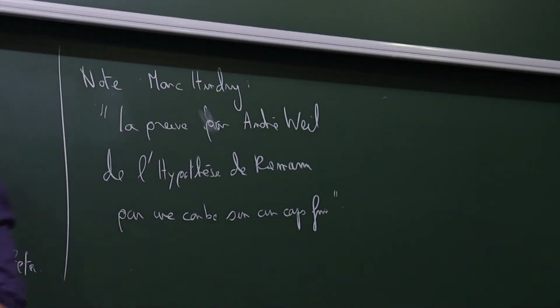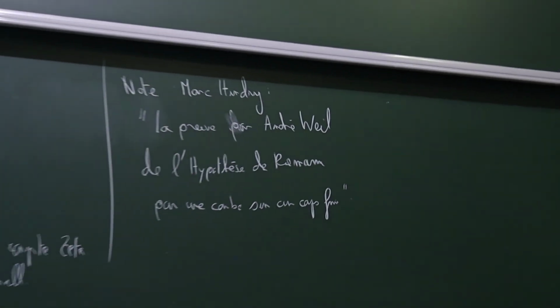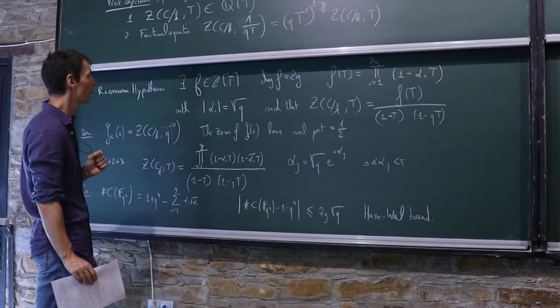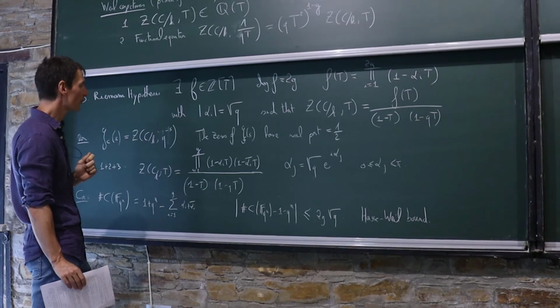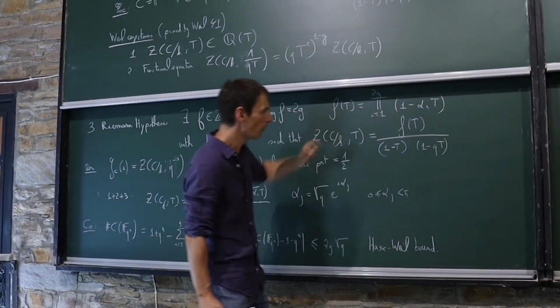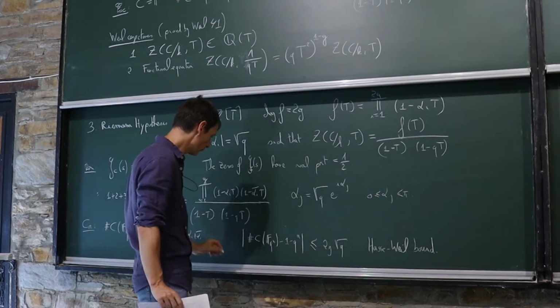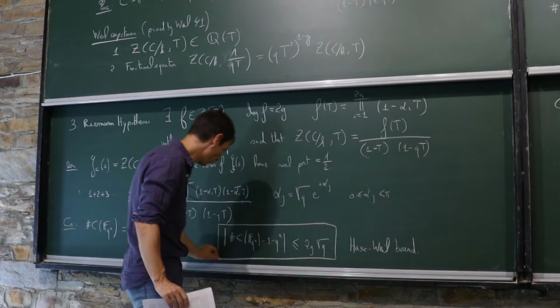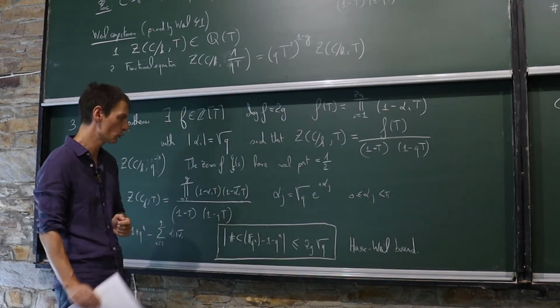And actually what we are going to prove is only the third part. The first two parts were known before Weil. And also, we are not even going to prove that F is exactly of this form. We are going to prove this inequality. The Hasse-Weil inequality here is what we are going to prove.